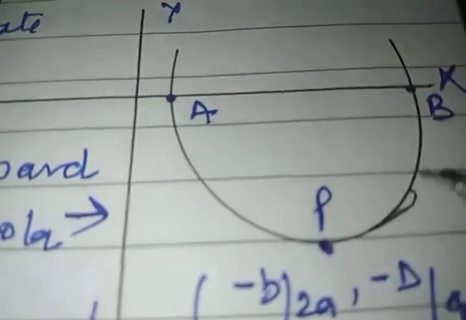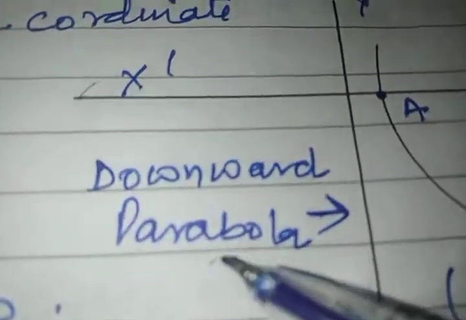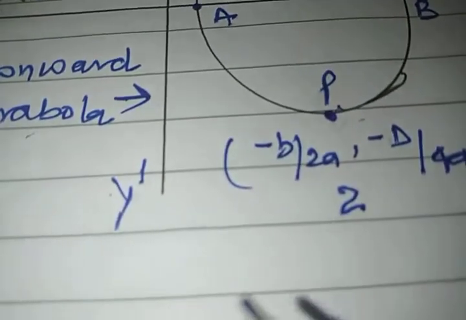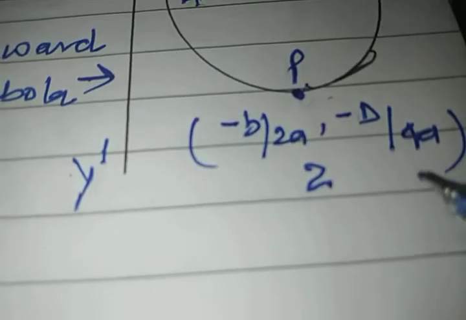The second type of quadratic polynomial graph is like this. This is the downward parabola. I have written here downward parabola, and this is your upward parabola. So see, the lowermost point P is the vertex. Again it comes as minus b upon 2a and minus D upon 4a.